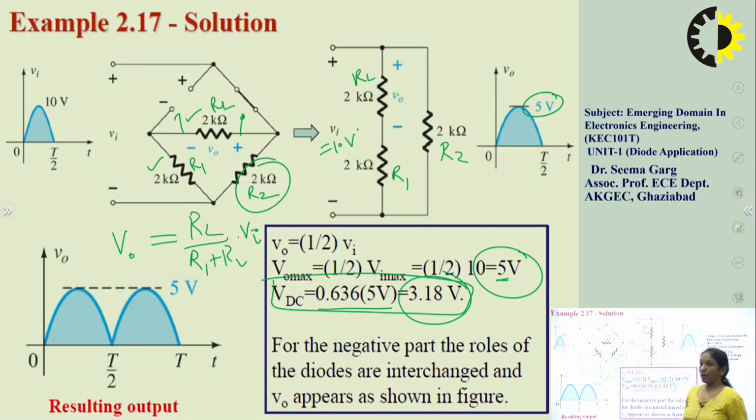So this is all about the rectifier circuit. In the next lecture, I am going to discuss a special type of diode, that is the Zener diode. The Zener diode is a special type of PN junction diode which is used for voltage regulation. How do we use that diode as a voltage regulator?